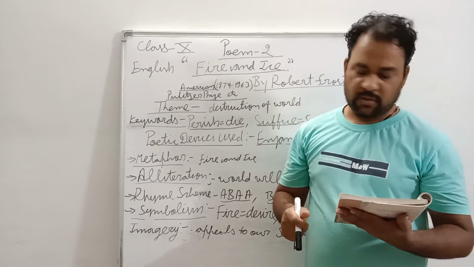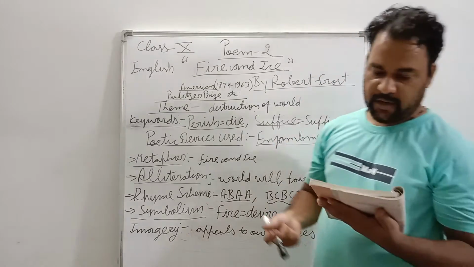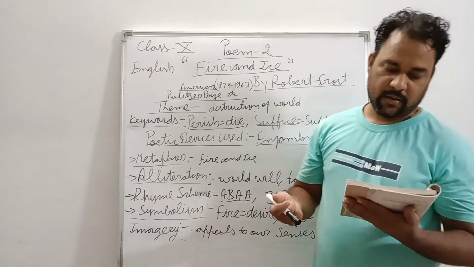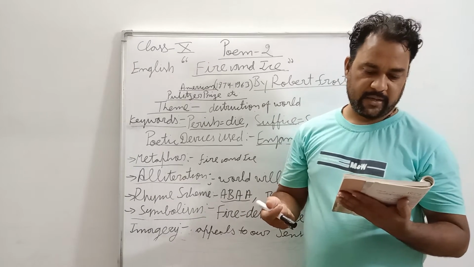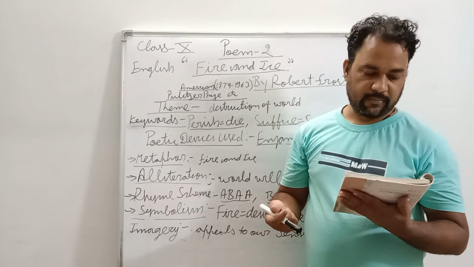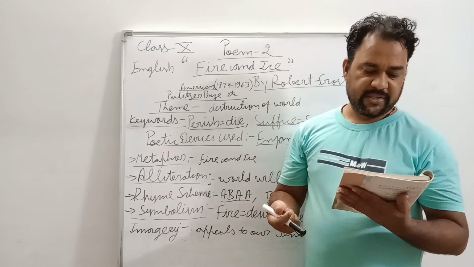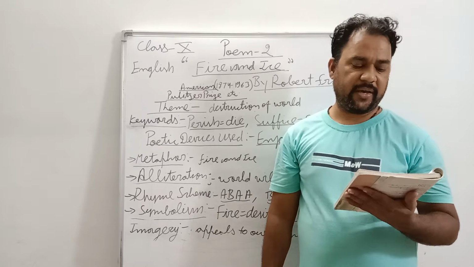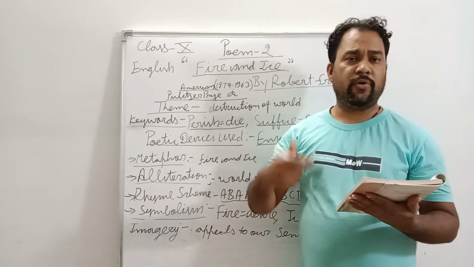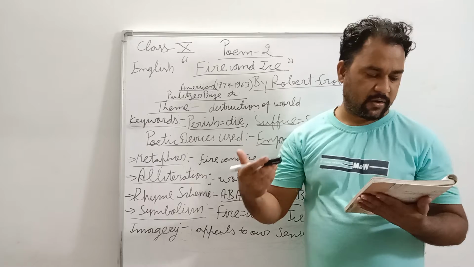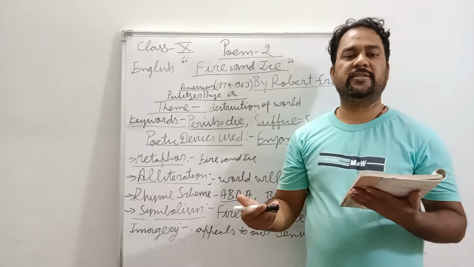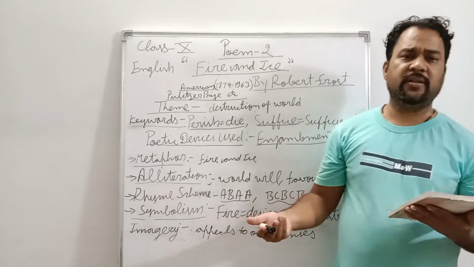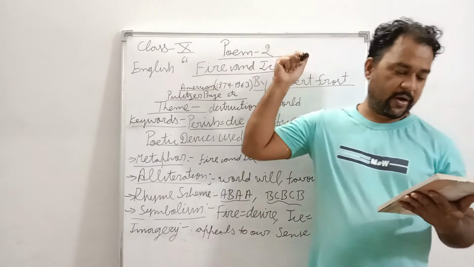All right. So let's read this poem line by line, stanza by stanza. "Some say the world will end in fire, some say in ice." So the poet wonders, and he says that some people say this world will end in fire.